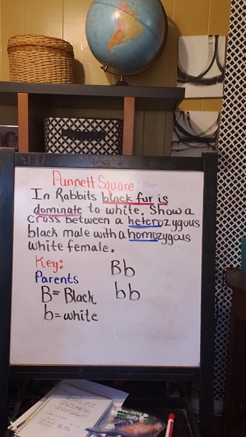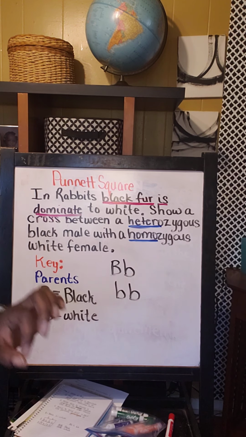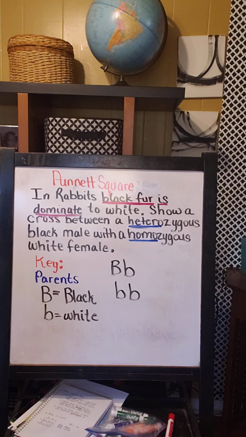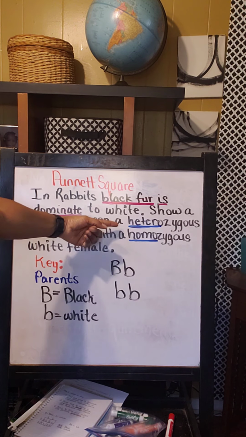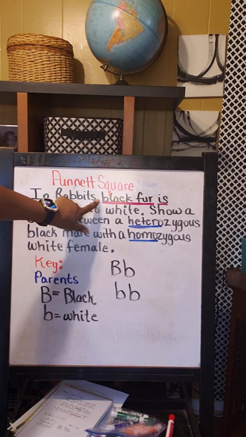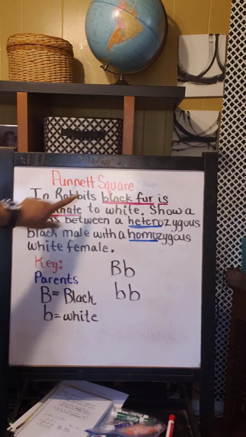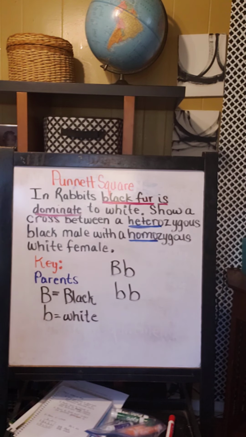So what we have done was we were able to read the question, and the question taught us how to create our key. In creating keys, you need to know what is dominant and what is recessive. Reading the question, you'll be able to figure out what is dominant. Black fur is dominant to white. You can also find out the parent set, okay? What are the genotypes for the parents?